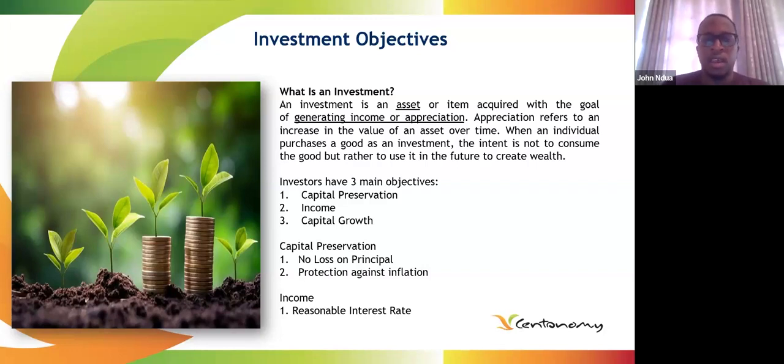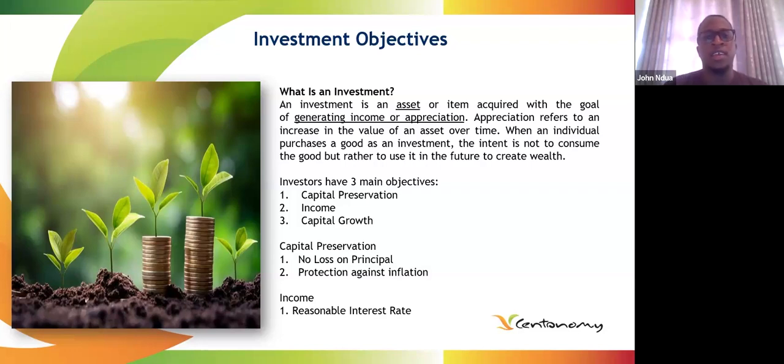In addition to this, investments need to be tied to a goal. And what do I mean by this? When you make a purchase of that asset, it generating that income or the value appreciating means that there's a particular goal you want. Either, for example, you want to purchase a home in the next 10 years.